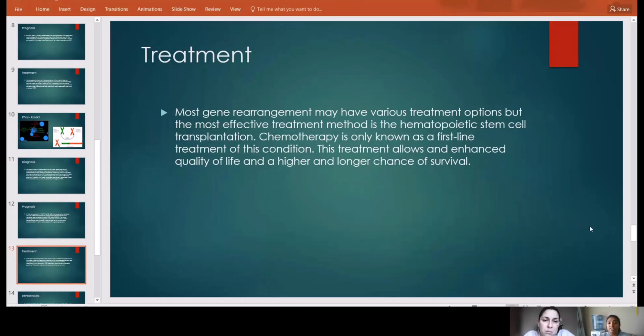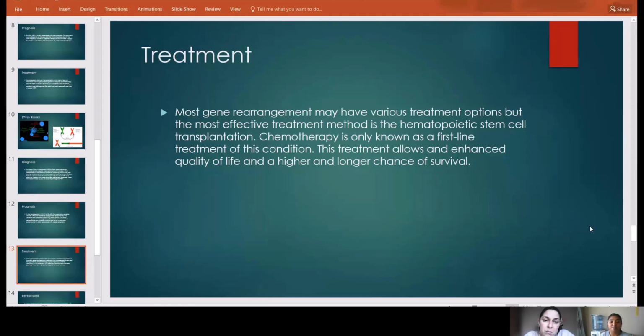The treatment for this is usually chemotherapy. It is the first line of treatment, but as you progress, if chemotherapy relapses, you can always go for an HSCT, that is a hematopoietic stem cell transplantation.